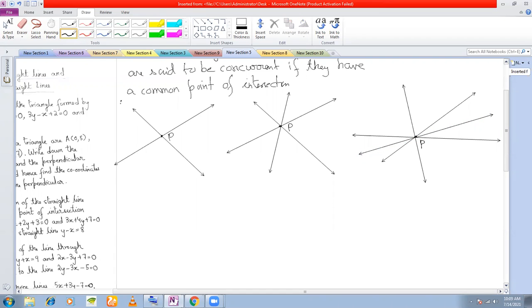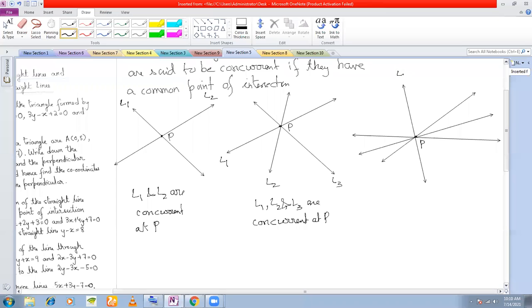Okay, so here if I call them L1 and L2, then L1 and L2 are concurrent at P. If I call these L1, L2, L3, we say L1, L2 and L3 are concurrent at P. Similarly here, you have four straight lines.